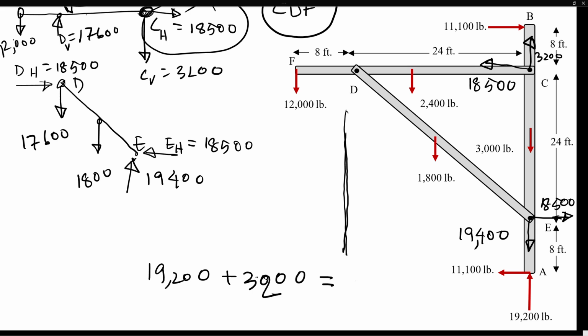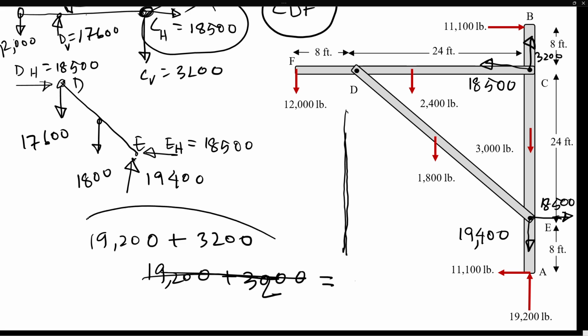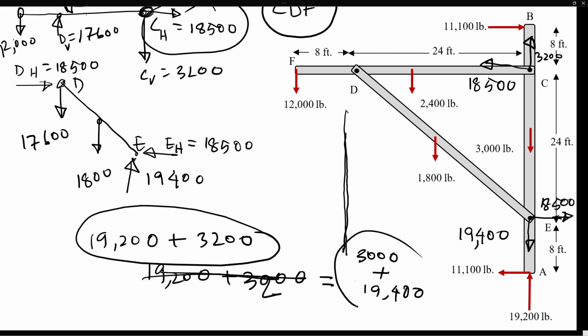The 19,200 pounds acting upward plus the 3,200 acting upward as well will be exactly the same as all the forces acting downward, which is the 3,000 pound weight plus the force we calculated at point E, which is 19,400. So this is going to be the exact same. So this is verified.